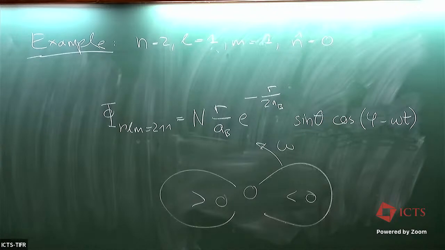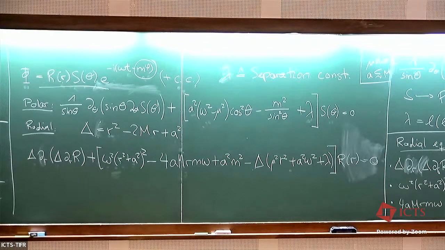Okay, so let me write something down. Let me actually keep this. What I did here was consider an expansion in this alpha, and then drop all the terms that are subdominant in this expansion. And then we got the Bohr spectrum for our frequencies, and we found that the solution is this hydrogen atom.